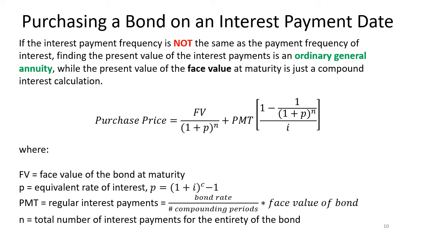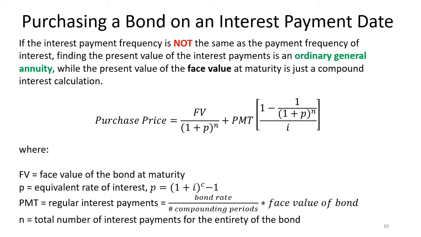So the next item I want to discuss is the exact same style of problem, purchasing a bond on an interest payment date. But if the interest payment frequency is not the same as the payment frequency for interest, then it's an ordinary general annuity.